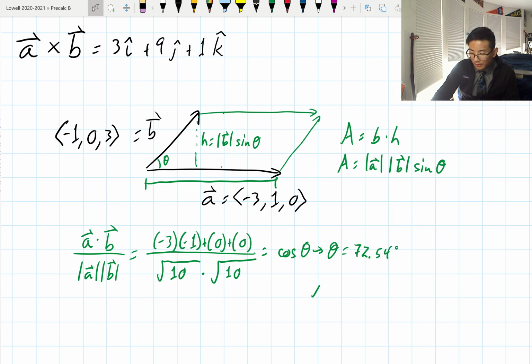Now if I calculate the area of this parallelogram, well, magnitude of A times magnitude B, so that's root 10 times root 10, which is just 10, times sine of this angle, 72.54 degrees.